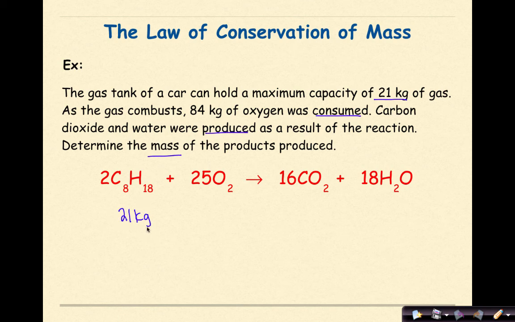So we have 21 kilograms of octane, plus we have 84 kilograms of oxygen that was also involved in this combustion reaction. So when we add these two together, we get the mass of the total products of carbon dioxide and water, which in this case is 105 kilograms of products.